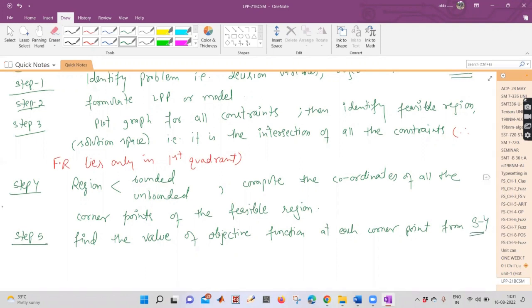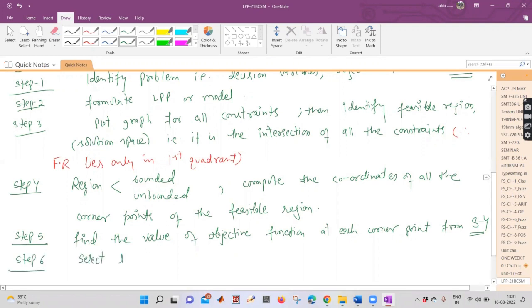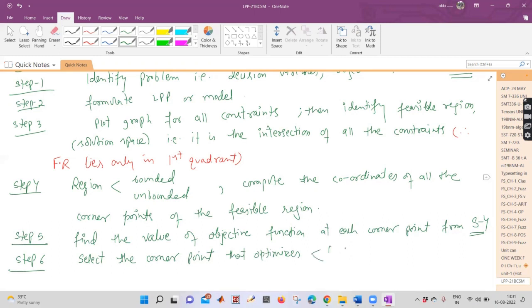Step 6: select the corner point that optimizes, which means either maxima or minima as per our given LPP. If it is maximization, we need the maximum value at the corner points.